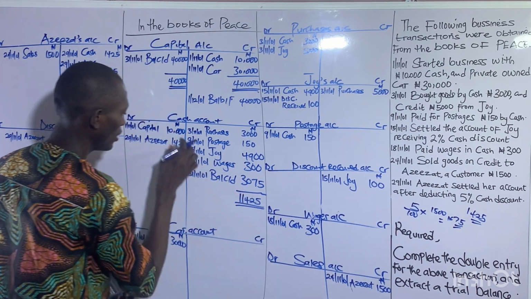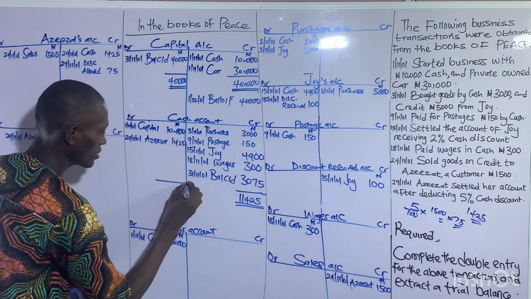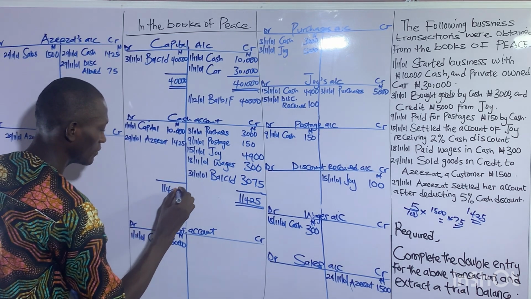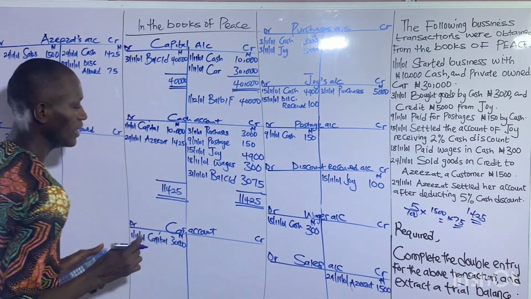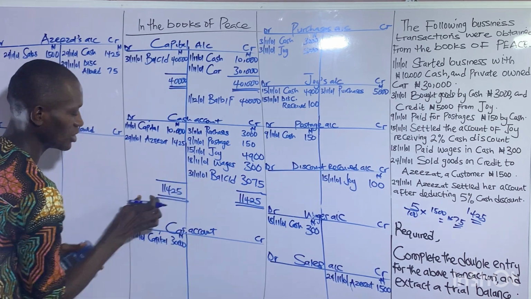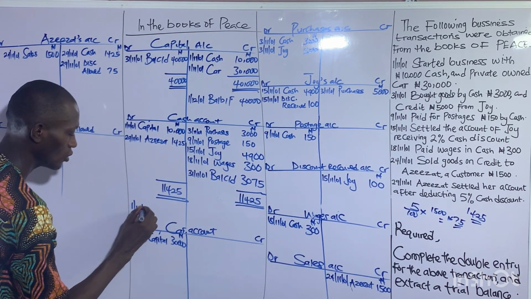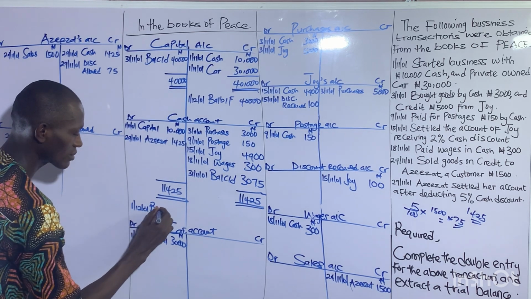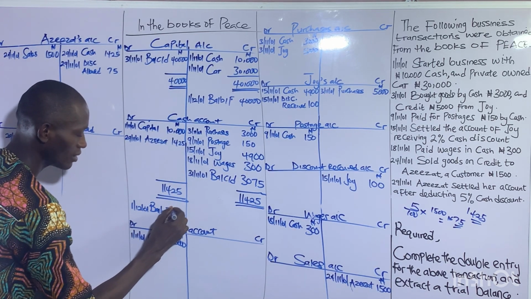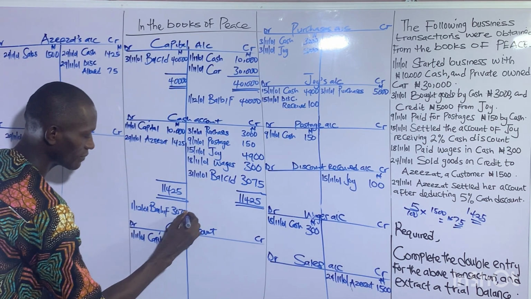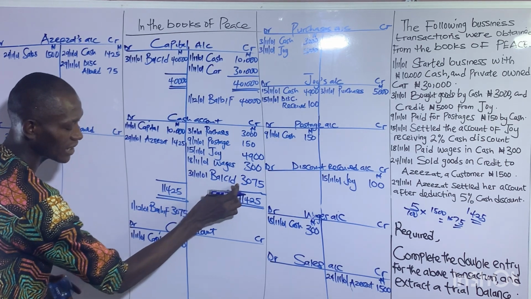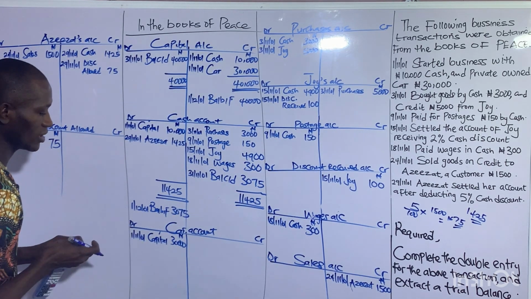You close it, then bring this down to the same level, 11,425. Close it. Then for every balance carried down, there must be a balance brought forward for the new period. Now that's 1/12/01 balance brought forward, and that's 3,075, which is the balance carried down here. I hope that is clear.